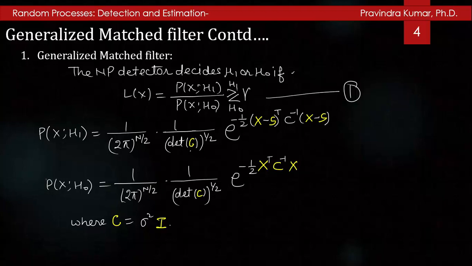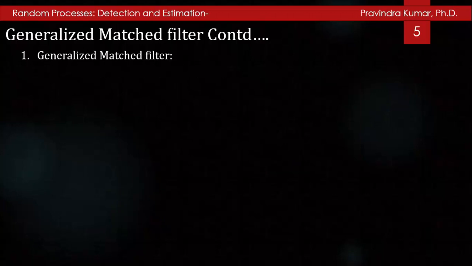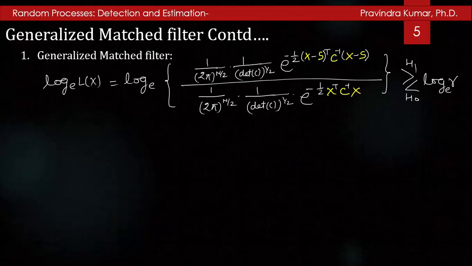Taking the log, we will have the log likelihood ratio test. The log likelihood function log L(x) will be the log of the H1 PDF, 1 by (2 pi) to the power n by 2 into 1 by square root of the determinant of the covariance matrix C into e to the power minus 1 by 2 (x minus s) transpose C inverse (x minus s).